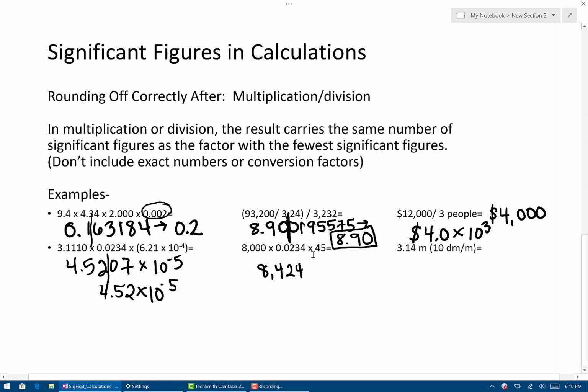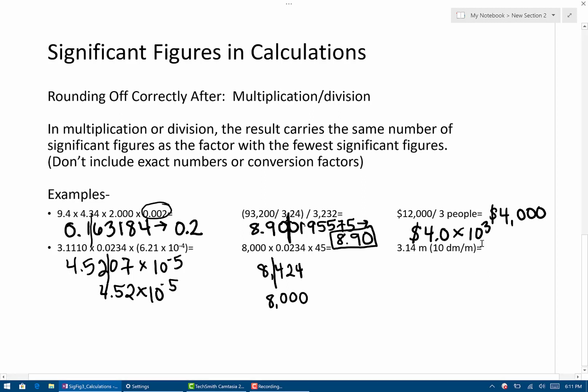That's 1 significant figure here, 3 here, and 2 here, but we can only have 1. And so our cutoff point is after our first significant figure. The number after our cutoff point is 4, less than 5. So our answer becomes simply 8,000. It's kind of weird because we have 8,000 in the calculation, but if we're reporting significant figures, that's how we would report it.